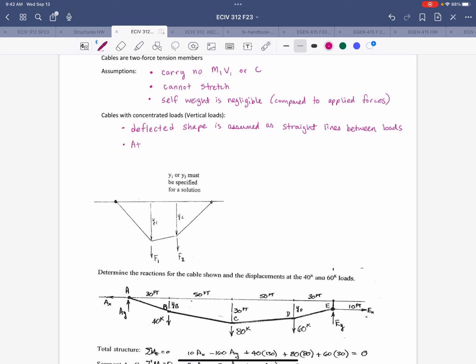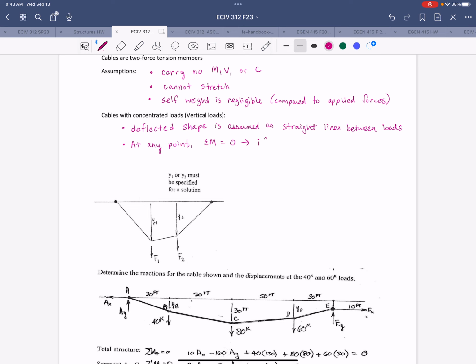So at any point along the length of the cable, sum of moments has to be equal to 0, right? So that's one of the static equilibrium equations. It's true for all structures, all stable structures.